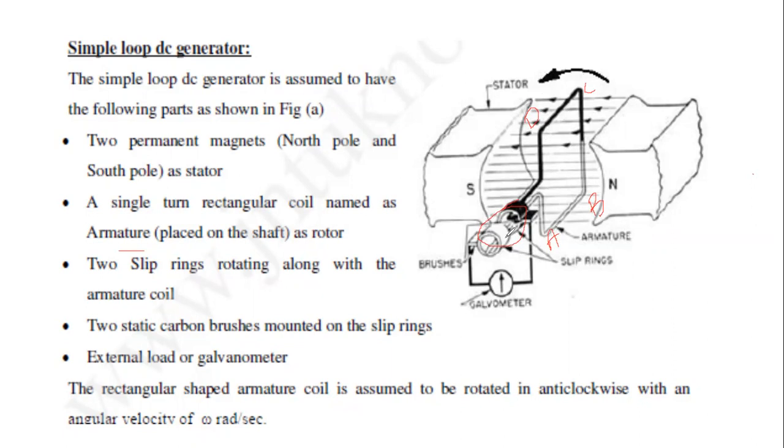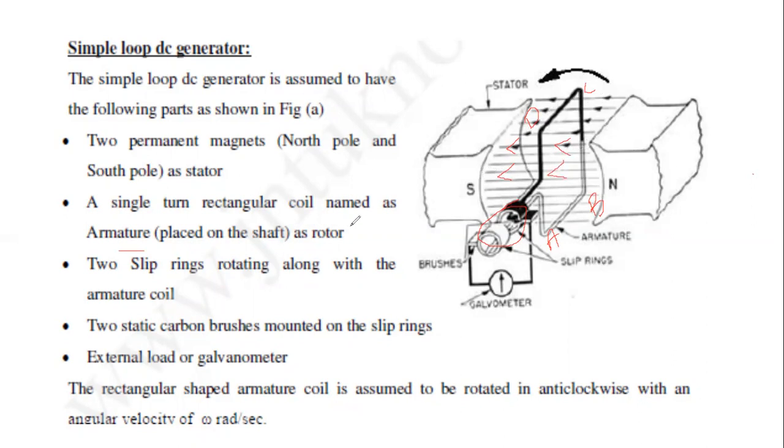Taking one rectangular conductor A, B, C, D in between the north and the south pole, normally in between the poles we are developing the flux lines. Always the direction of these flux lines is north to south.